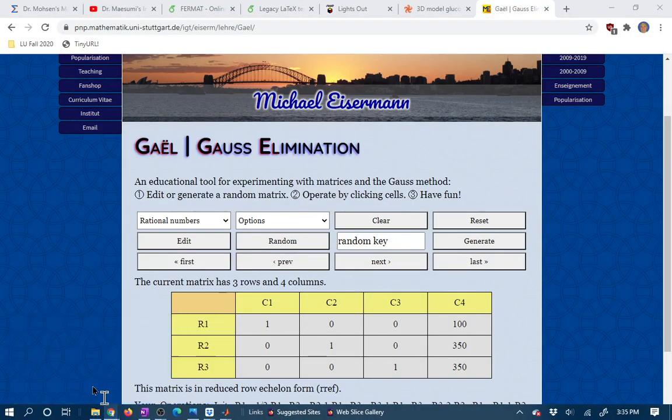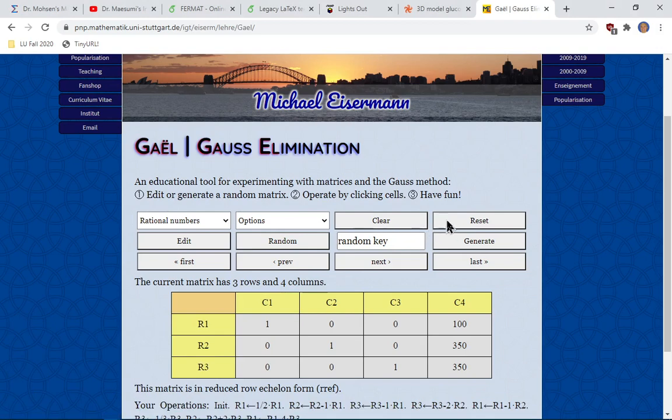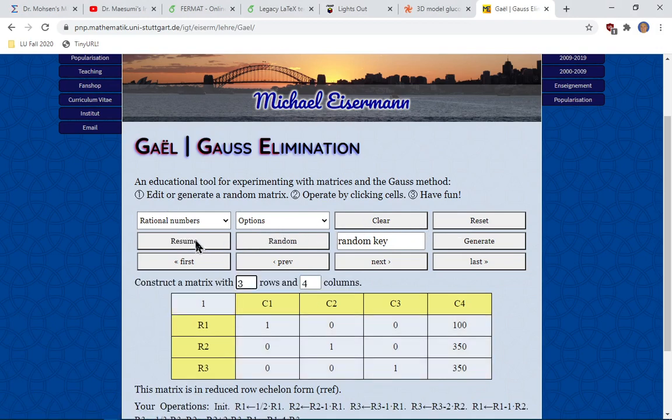So let's go back to this, and we are gonna, well, edit, I guess. I go ahead and change my numbers. 1, 1, 1, 1500. Okay, if the size were different, I could change the columns and such, but the size is the same.